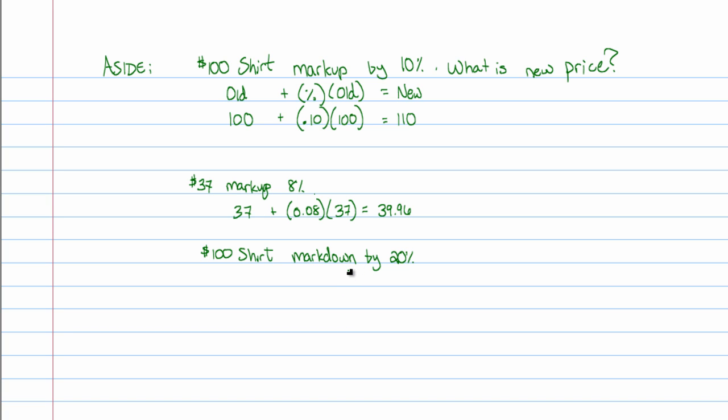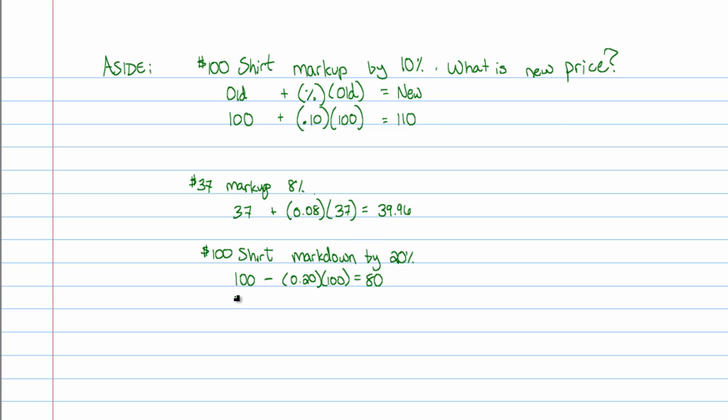If you have a $100 shirt and it's marked off 20%, well, most people know it's going to be $80. And you ask why, and they say, well, 20% of 100 is 20. Well, that's not why. You had a shirt that was $100 and it lost 20% of that $100. Notice how that worked. Markups, you're adding. Markdowns, you're subtracting. That should make sense. That comes out to 80.